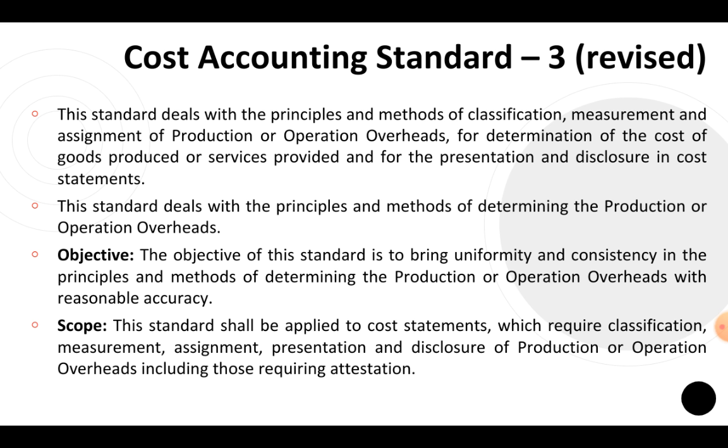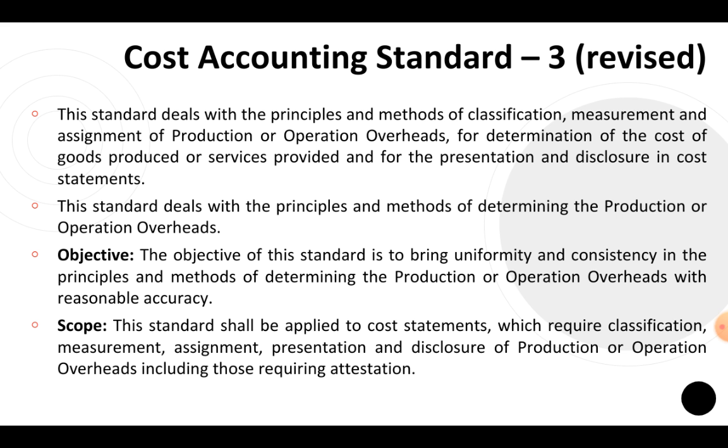And the standard shall apply to the cost statements which require classification, measurement, assignment, presentation, and disclosure of overheads, including those which require attestation. That is the main scope of the cost accounting standard, or the areas which it covers: it should be applied to cost statements which require classification, measurement, assignment, presentation, and disclosure of your production and operation overheads, including those requiring attestation.